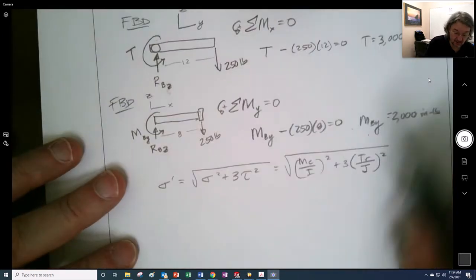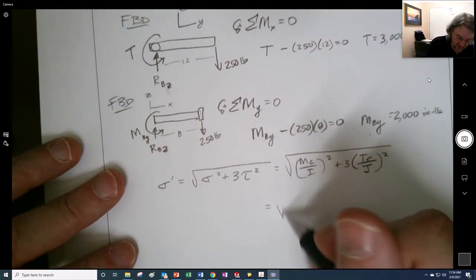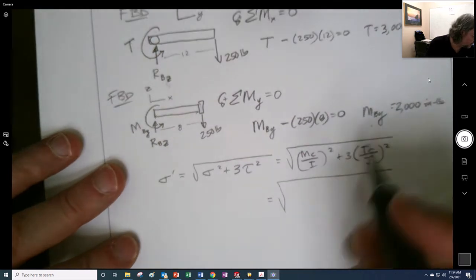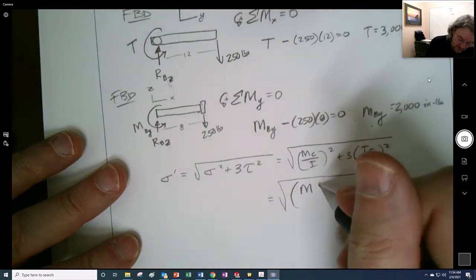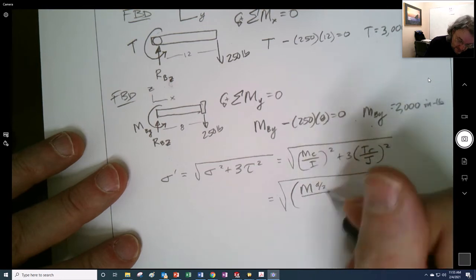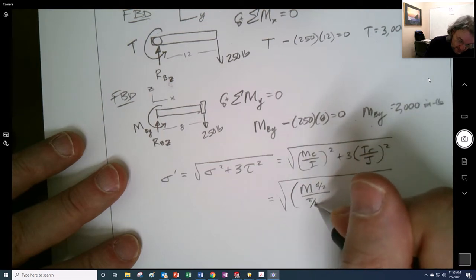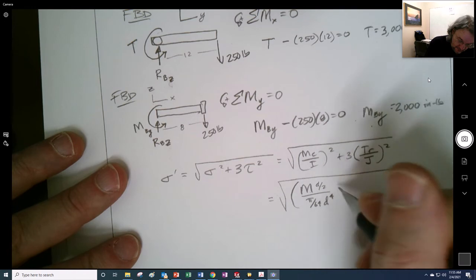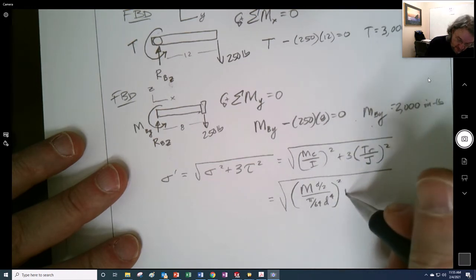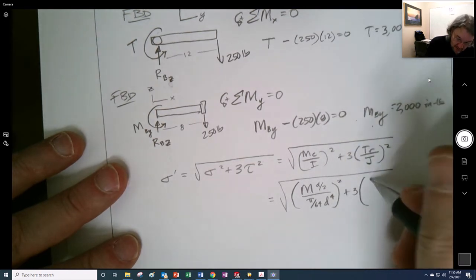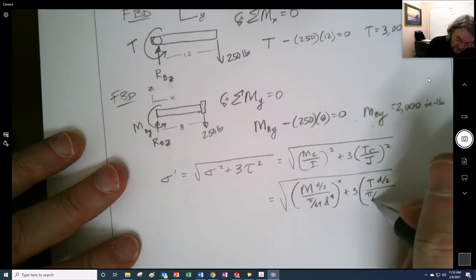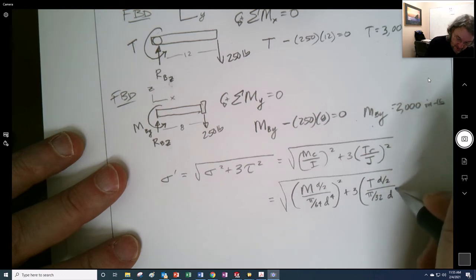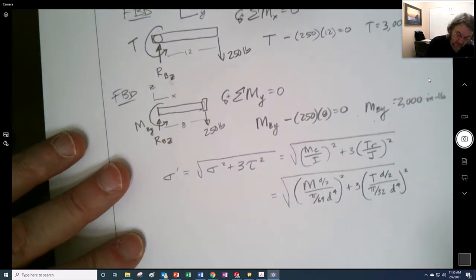And because it's a circular cross section, we have something easier. We can go M times d over 2, over pi over 64 d to the fourth, squared, plus 3 tau times d over 2, instead of the r, over pi over 32 d to the fourth, squared.